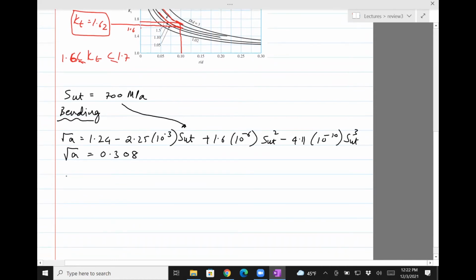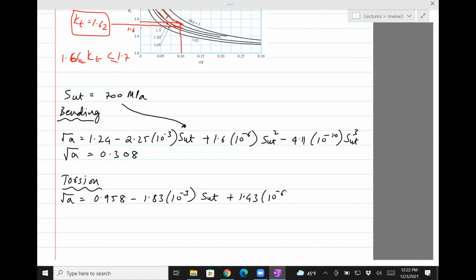There's another formula for torsion, that is something like this: 0.958 minus 1.83 times 10 to the negative 3 S_ut plus 1.43 times 10 to the negative 6 S_ut squared minus 4.11 times 10 to the negative 10 S_ut cubed. Let me check this. I think that might be wrong.